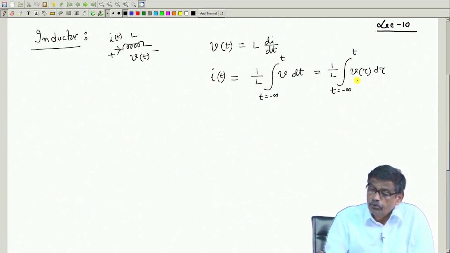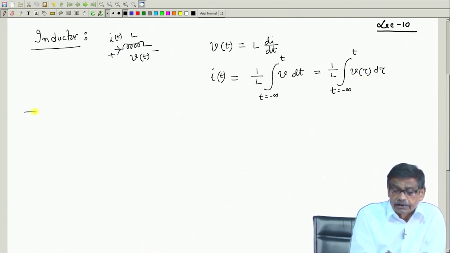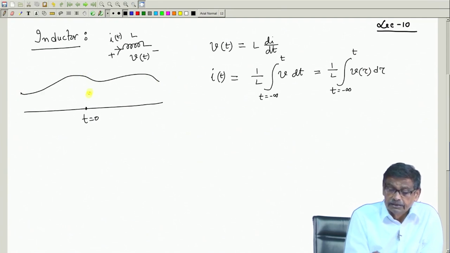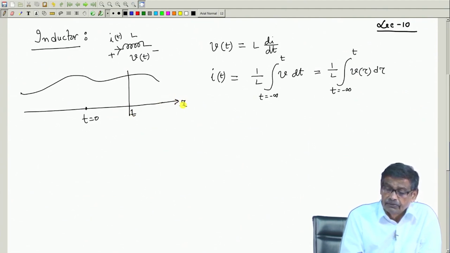Therefore, to integrate this and find the present inductor current, you will require the value of V(tau), that is V(t), for all the time. If this is your time axis, here is t equal to 0, and this is your t, and this is your tau axis.